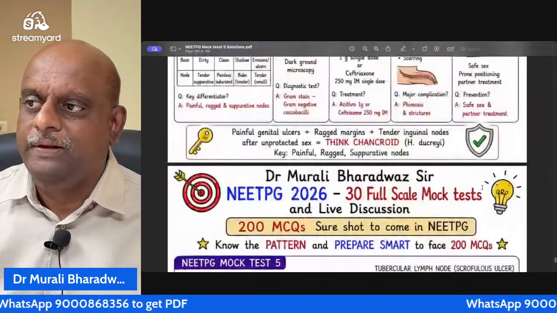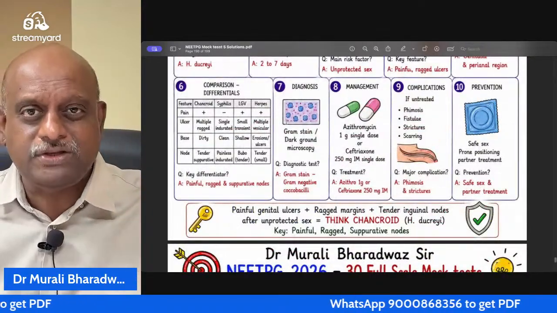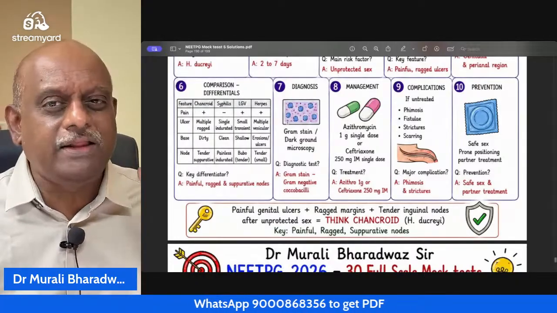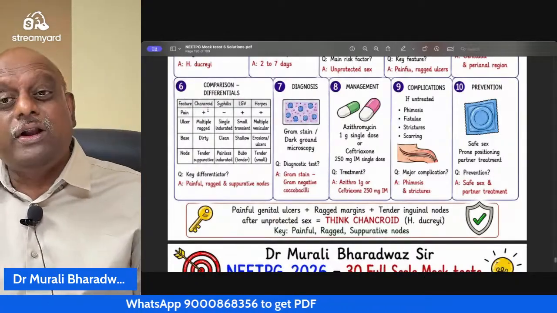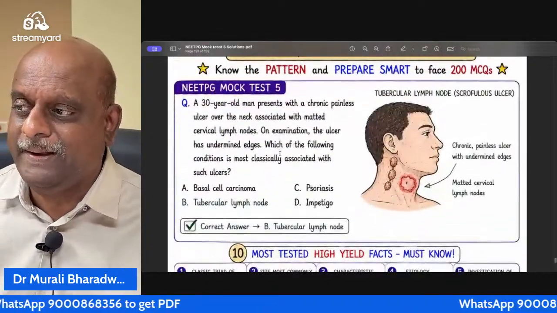So you should know chancroid, syphilis, lymphogranuloma venereum, herpes, dushta chatushtayam, 4 villains of Mahabharata. These 4 STDs, you need to be very sure when you go to tomorrow's NEET PG exam.